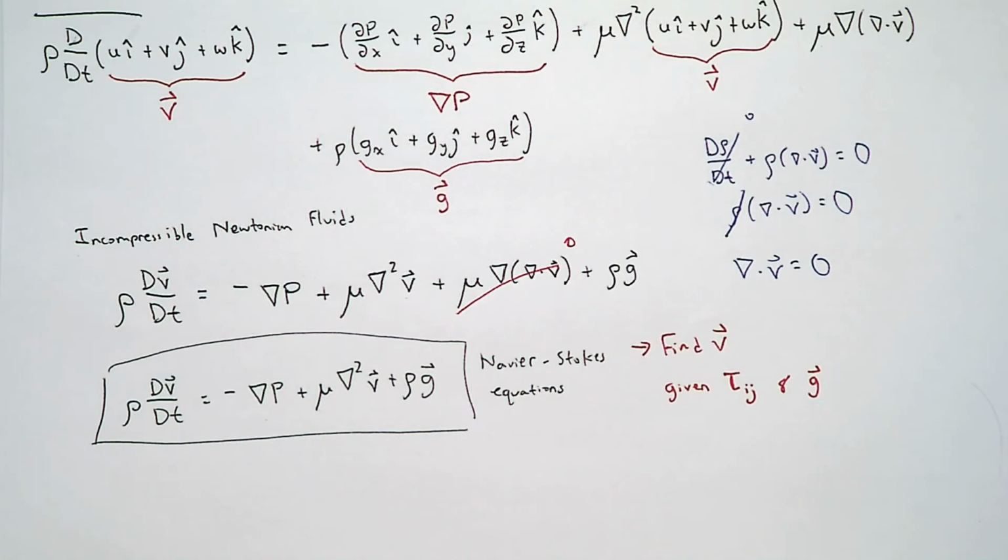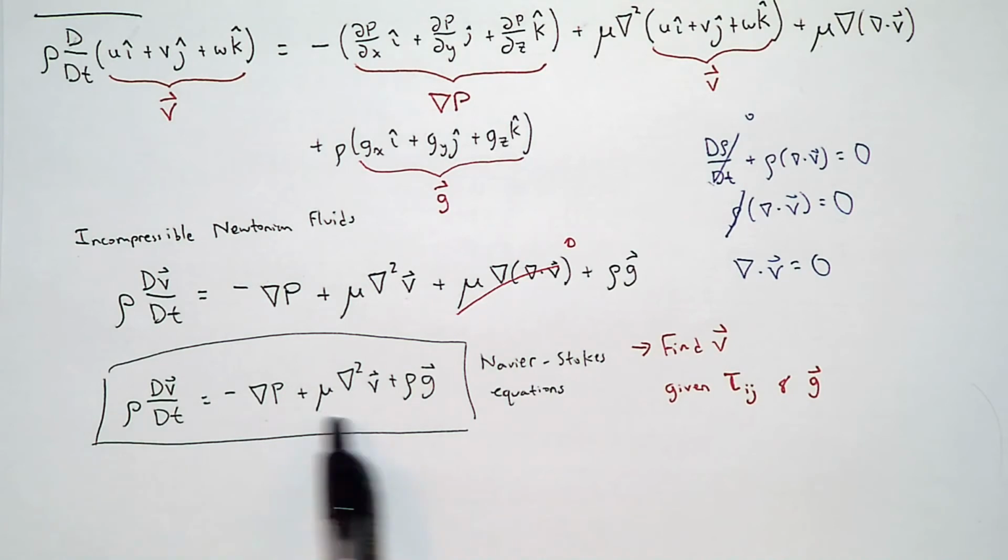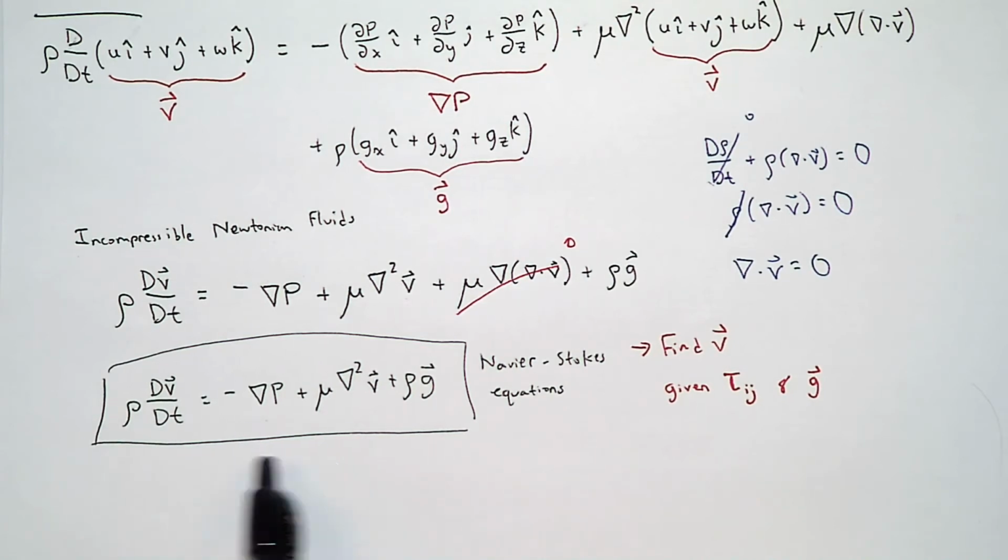But beyond that, in addition to being a partial differential equation, what's the order of this partial differential equation? Second order, right? And beyond that, not only do we have a second order derivative here, but the first order derivative isn't even with respect to the same variables as the second order derivative.